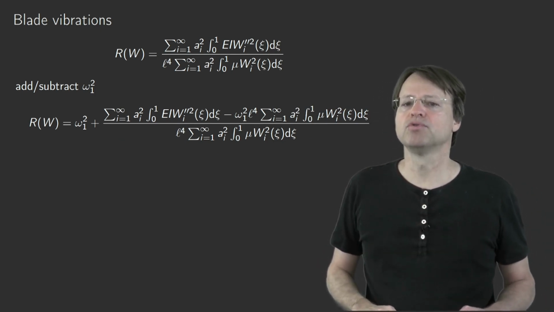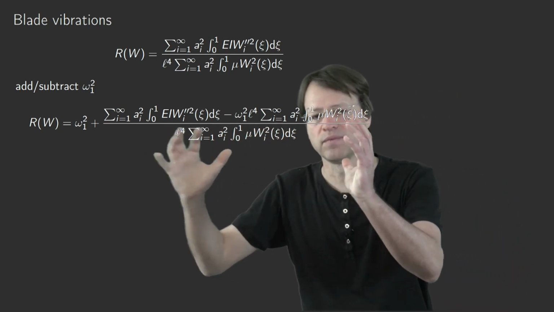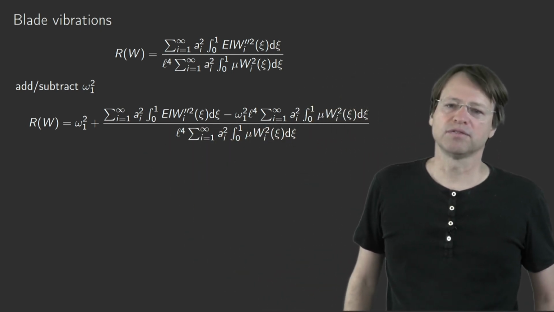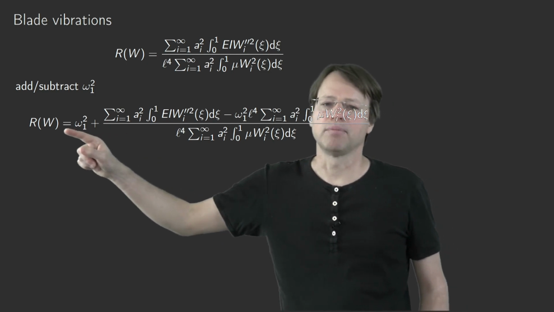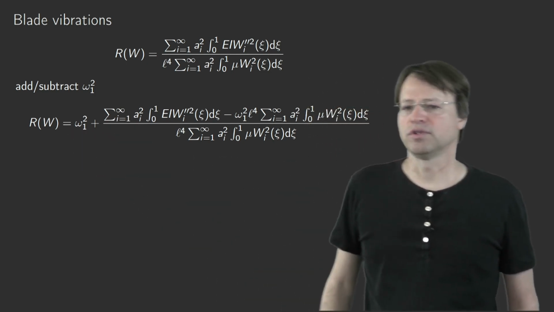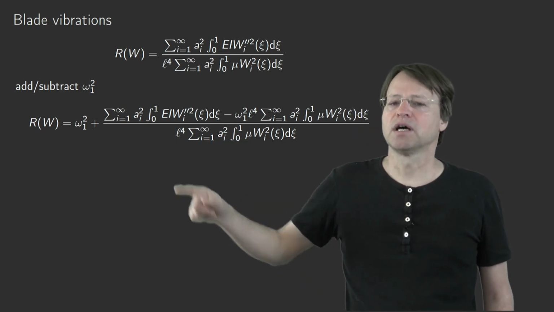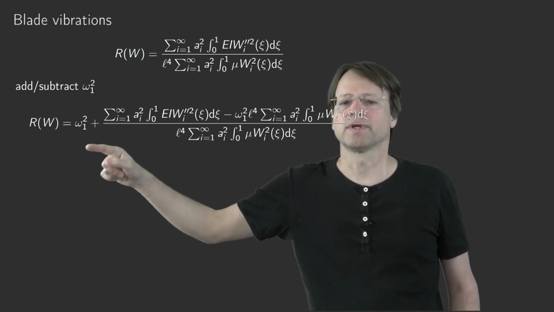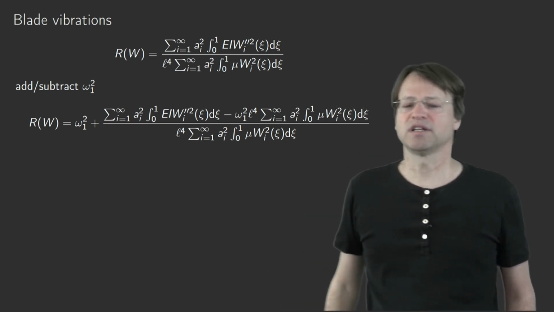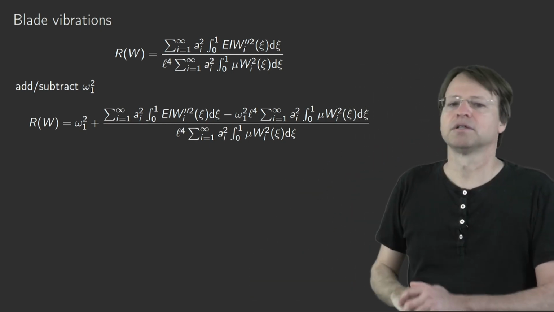So what I want to prove is that this term here is always positive, so that my approximation R of W tilde is always larger than this omega 1 squared, and happens to be omega 1 squared if I select the correct mode shape.